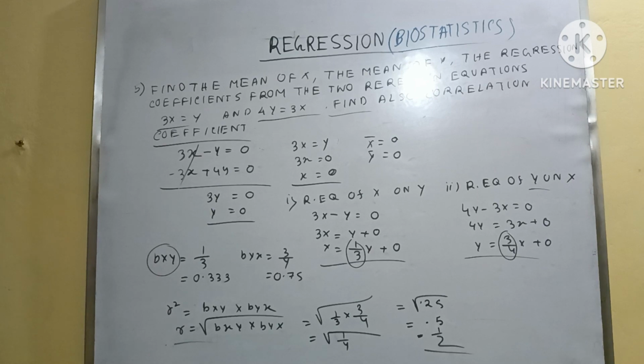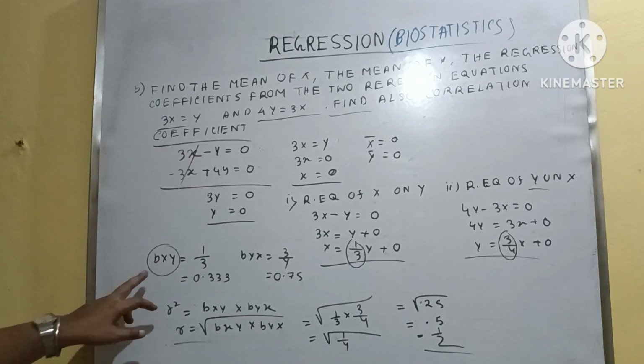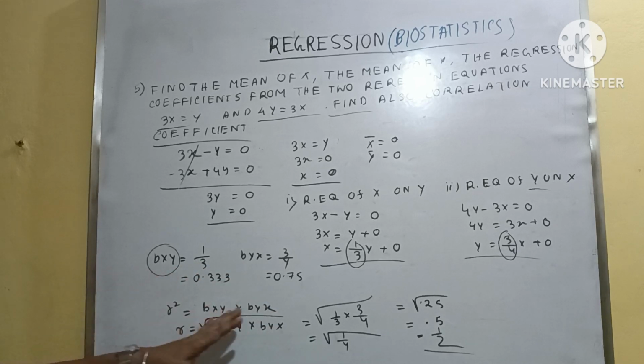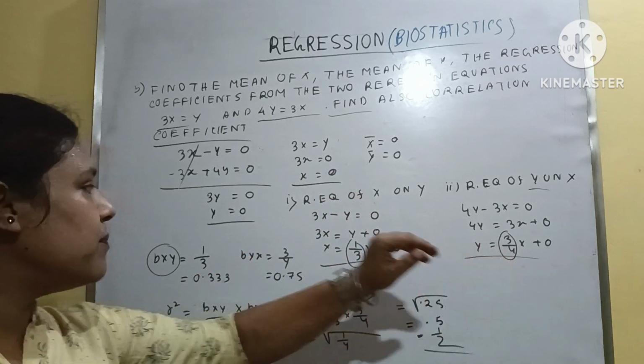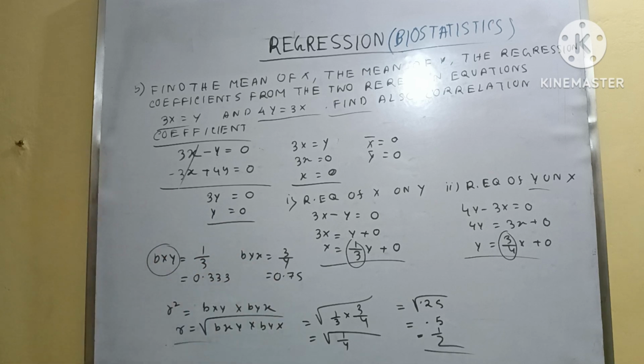If we don't write in such a manner, it's impossible to calculate the bxy and byx values. Clear? That's why first we have to write the equations in such a way, then calculate the bxy and byx values, and after that calculate the r value.